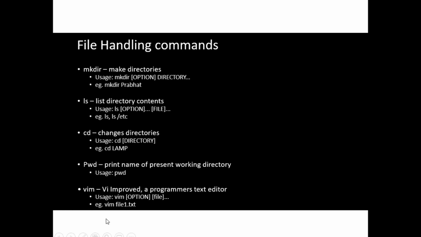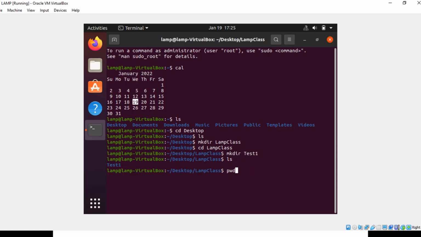How to use this? Simply write pwd. It gives you the name as home. In home you have the name of the machine. I have kept the name as lamp. So under that particular machine, I am on the desktop, and presently I am in the lamp class folder, right?